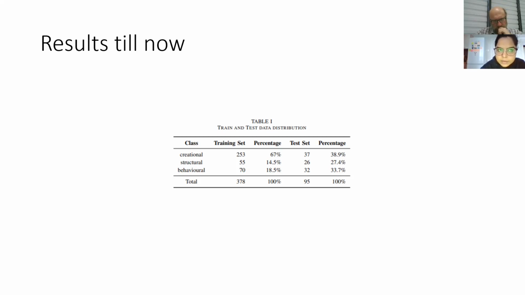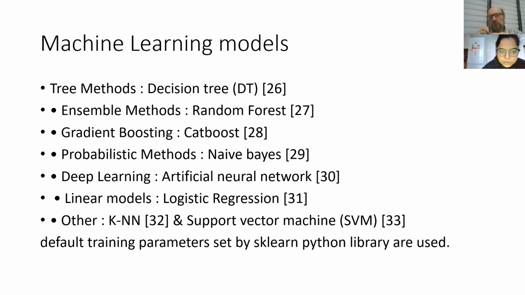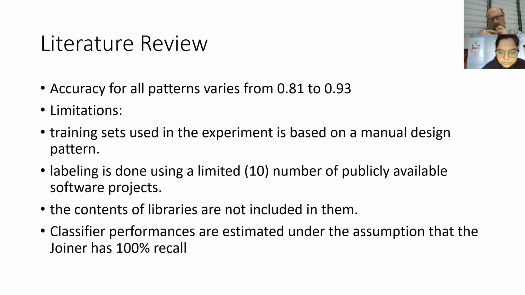And if I recall again, in the literature review we did, they mostly do not concentrate on the broader categories like creational, structural, or behavioral, but go inside them. I want to just show you quickly.